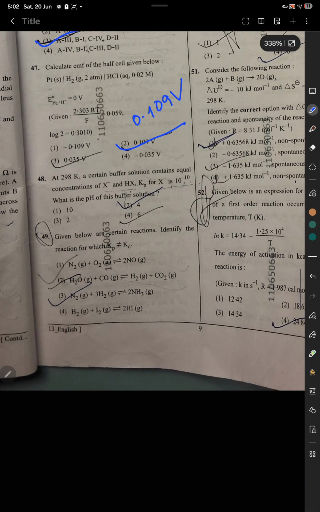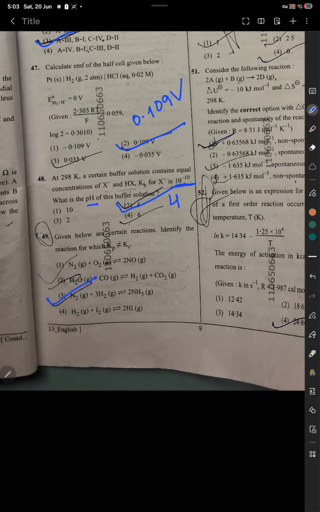Let's move to next question. Question 48, at 298 Kelvin a certain buffer solution contains equal concentration of this and this. What is the pH? So option number 2 is correct, 4. Question number 49, given below are certain reactions. Identify the reaction for which Kp is not equal to Kc.